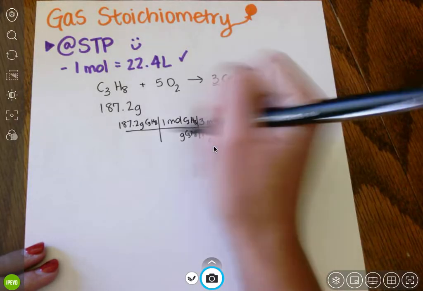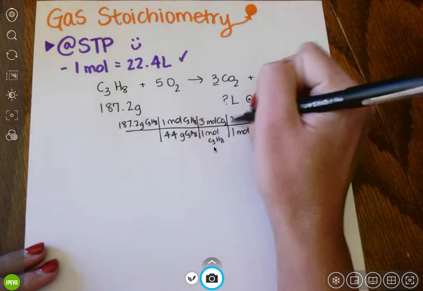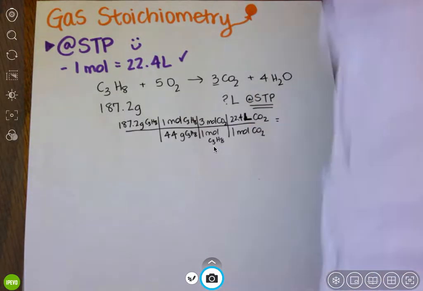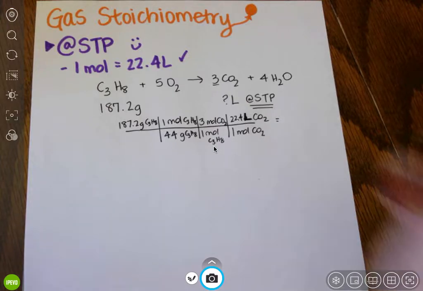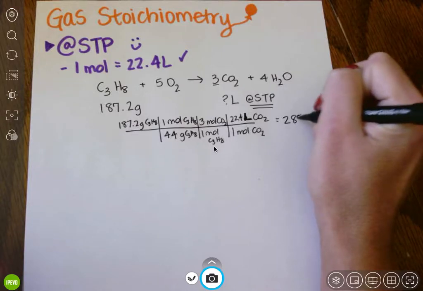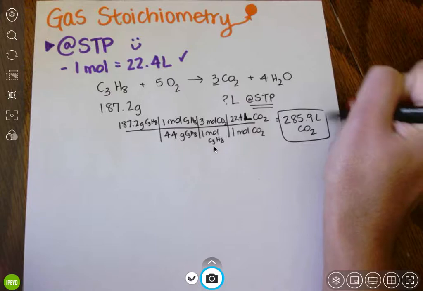So C3H8, when I add those together, is 44 grams per mole, and then my liters is 22.4, right? And so I know in my handy dandy calculator that 187.2 divided by 44 times 3 and then times 22.4 makes 285.9 liters of carbon dioxide, right?